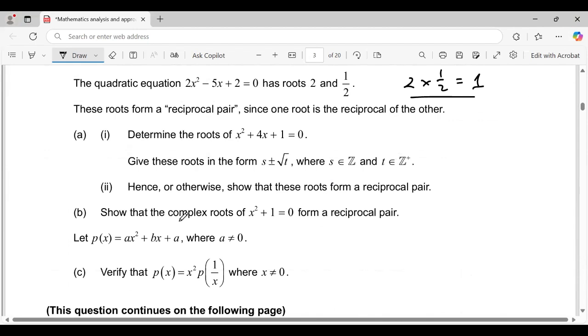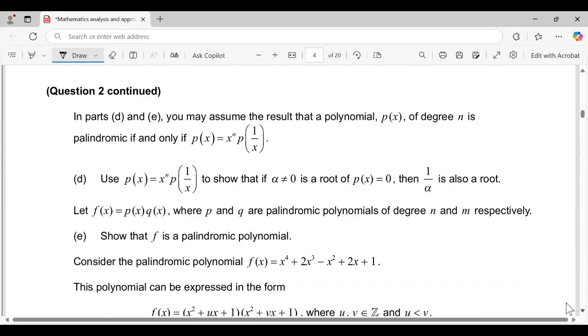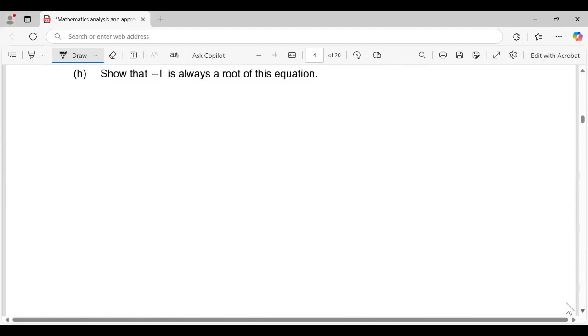Show that the complex roots of x squared plus 1 equals 0 form a reciprocal pair. So x squared plus 1 equals 0. It means x squared equals minus 1, so x equals the square root of minus 1, plus or minus.